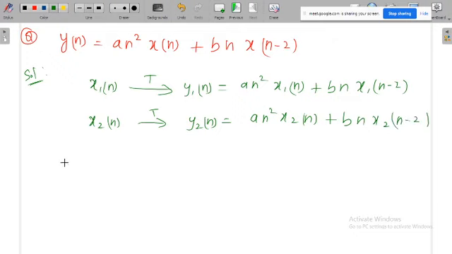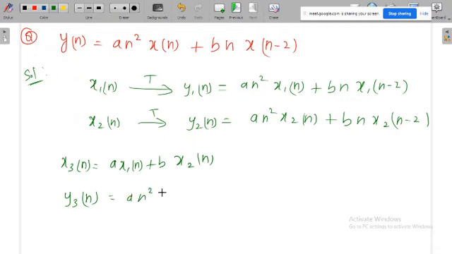Next we have to apply a new input, but that new input is a linear combination of the existing inputs, that is the new input x3 of n is equal to a x1 of n plus b x2 of n. When I apply the new input x3 of n, my output is y3 of n. Y3 of n means wherever x is there, replace with x3.